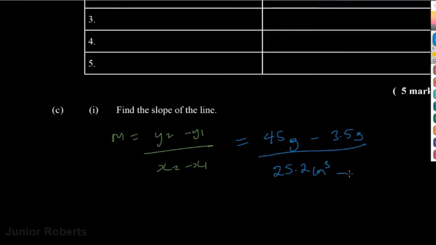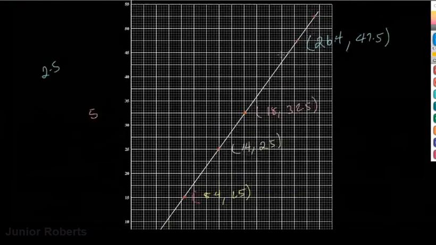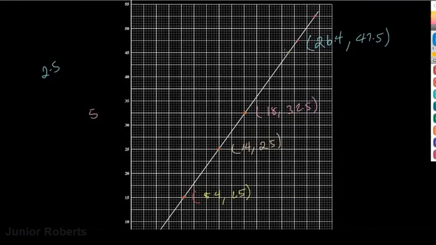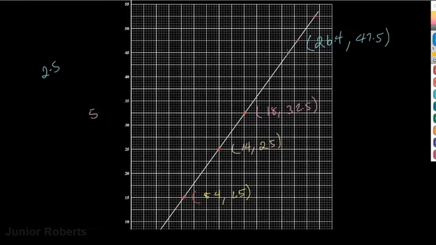Did you guys catch that a while ago? Because we are at 24 here, and each of these is 0.4. So 24 here, 24.4, 24.8, plus another 0.4 will give you 25.2. So we get 25.2 for this point.